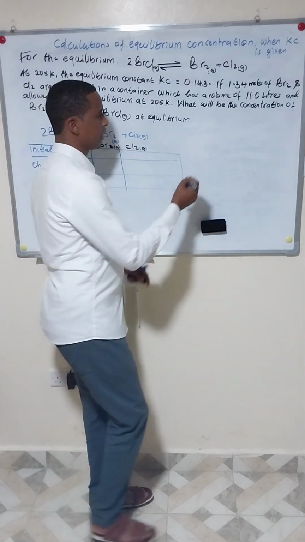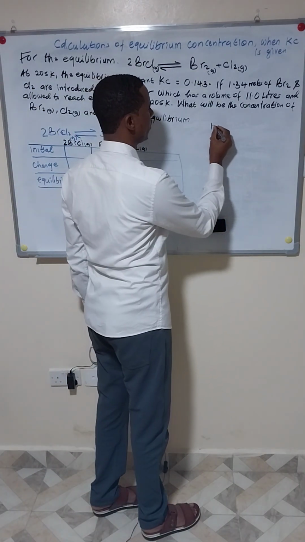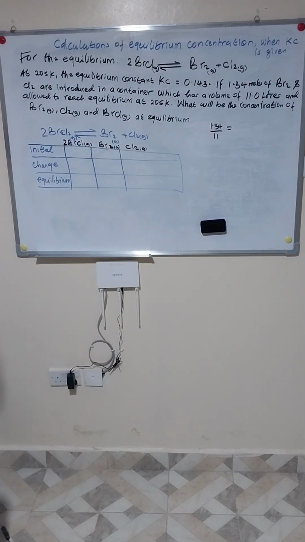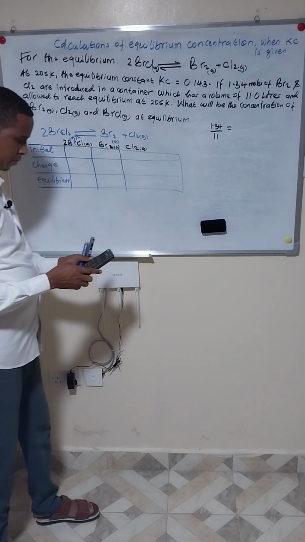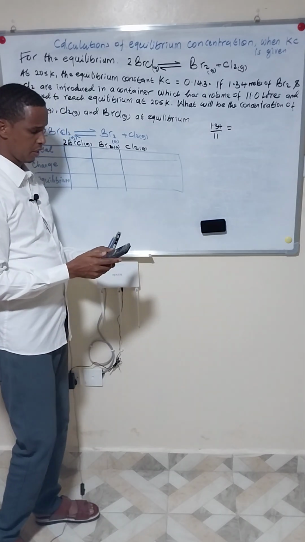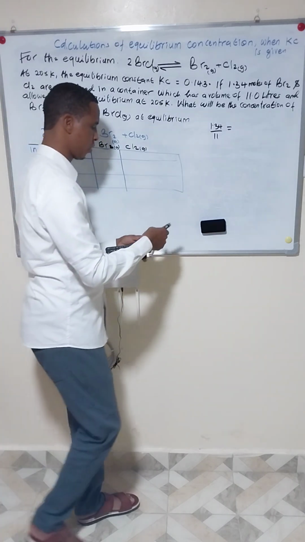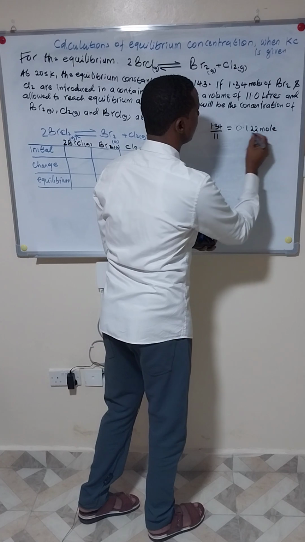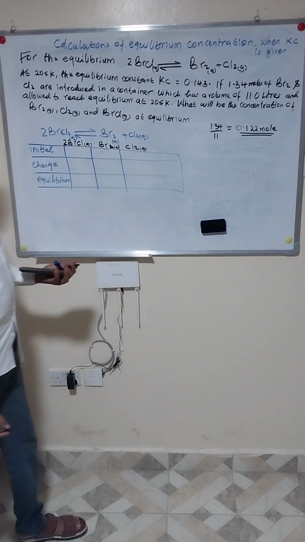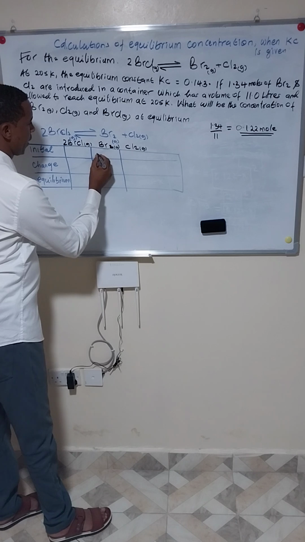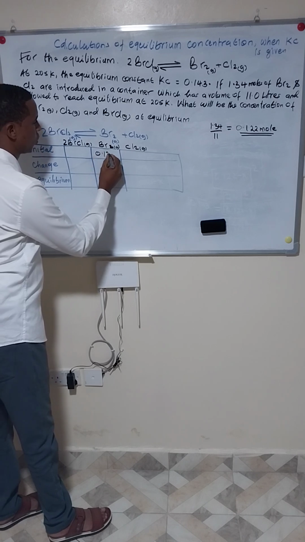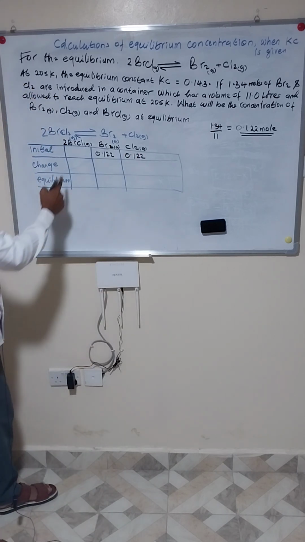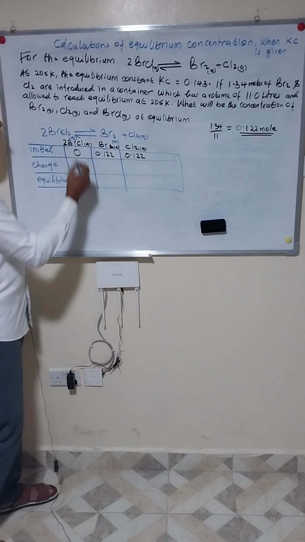So 1.34 divided by 11 is 0.122. So this is the concentration of bromine and chlorine. So we'll have bromine with 0.122 and chlorine 0.122. For bromochloride, the initial concentration is 0.